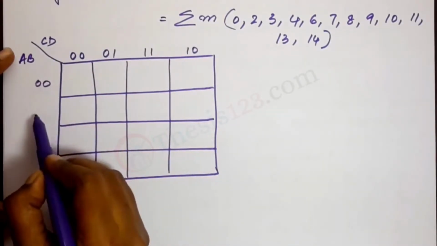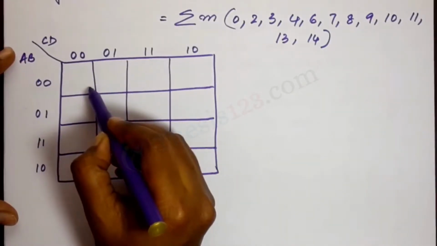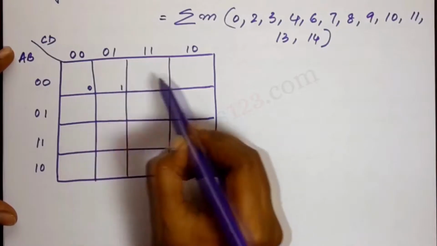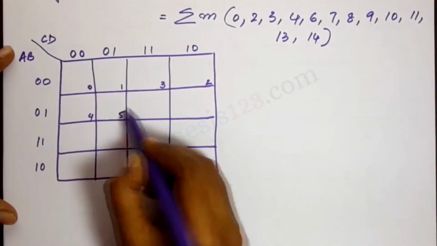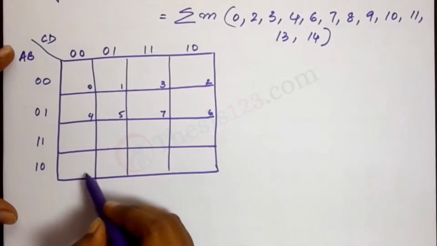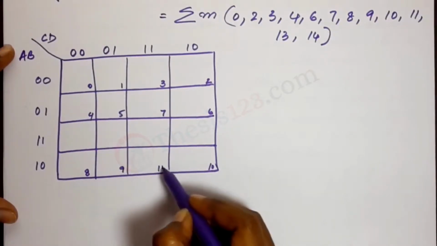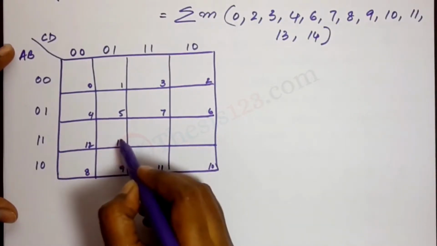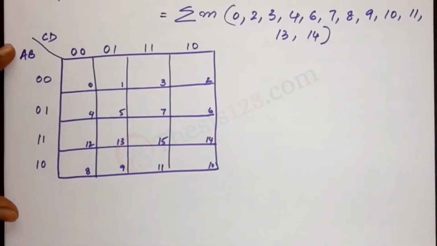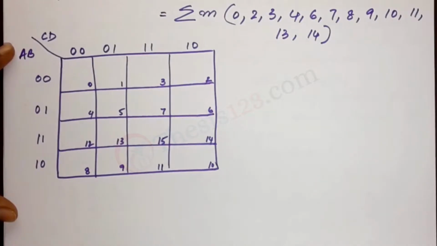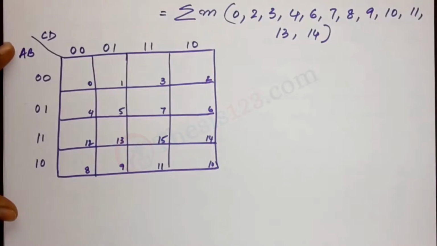This side we would have 0, 0, 0, 1, 1, 1, 1, 0. The cells are numbered 0, 1, 2, 3, 4, 5, 6, 7, 8, 9, 10, 11, 12, 13, 14 and 15. So the cells are numbered from 0 through 15 and we have it divided for A, B and C, D.